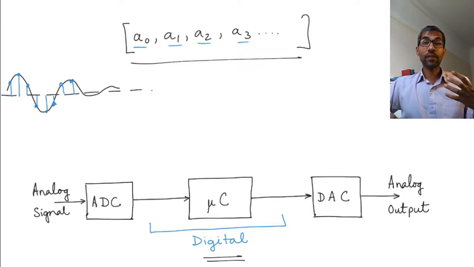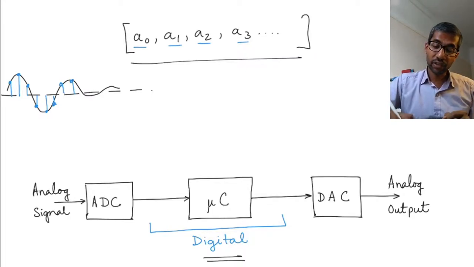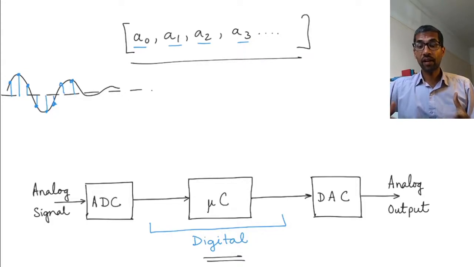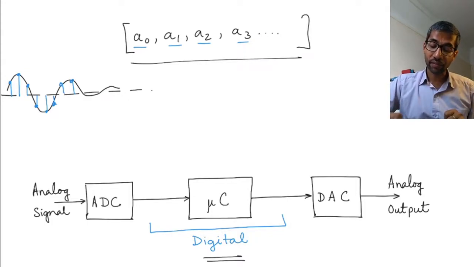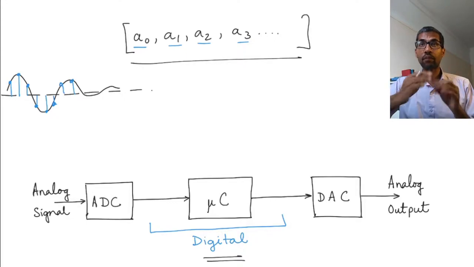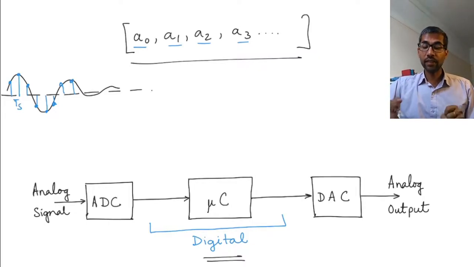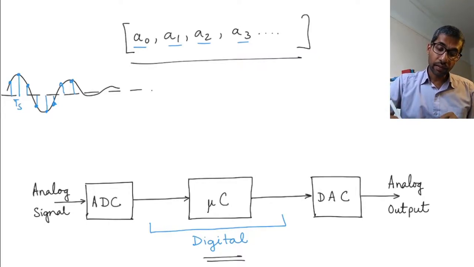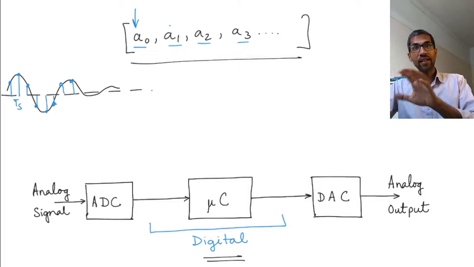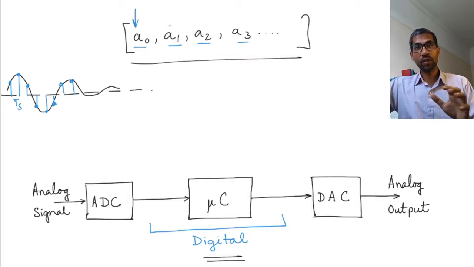In a digital signal, essentially, you don't have any time information. For example, if you're doing uniform sampling, that is, if the sampling interval is TS all over the signal, then A1 has come TS seconds after A naught, and so on and so forth.